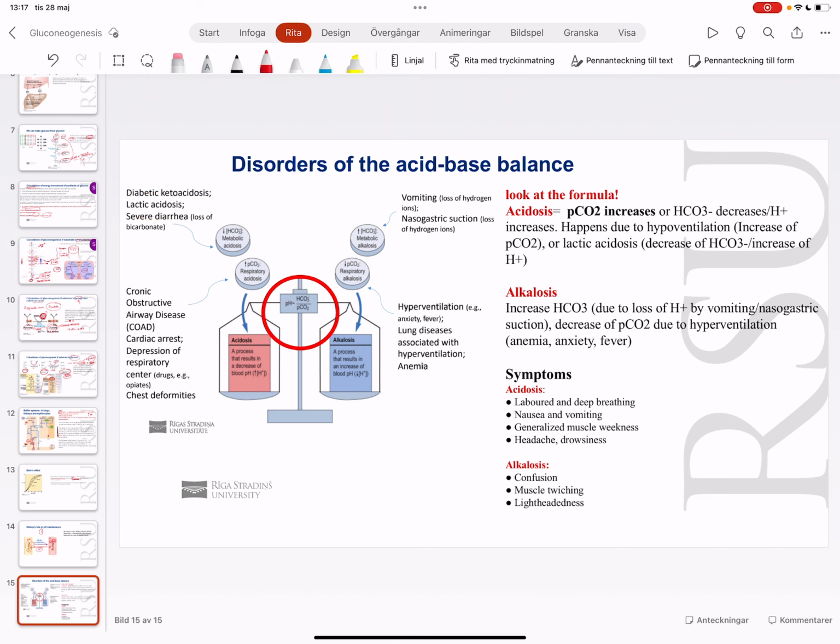Or severe diarrhea, and then you will also lose your bicarbonate ions. Secondly, an increase in carbon dioxide can be due to chronic obstructive airway disease, cardiac arrest, depression of respiratory center, or chest deformities, which basically means that you cannot breathe all of the carbon dioxide out, meaning that the carbon dioxide will stay in your body, and this will lead to lower pH.